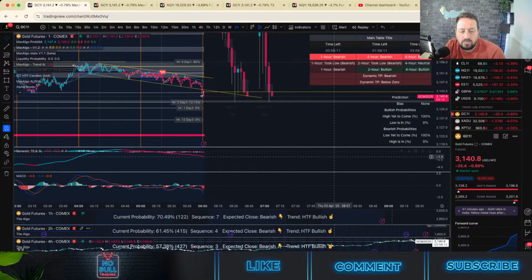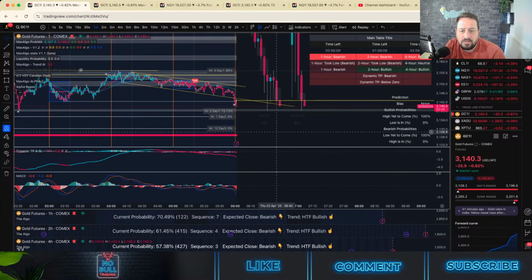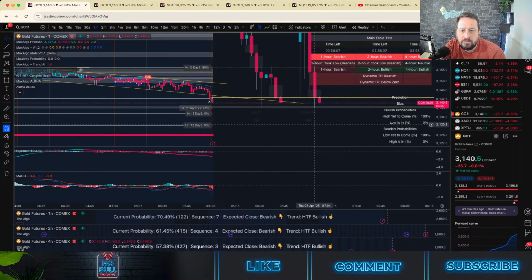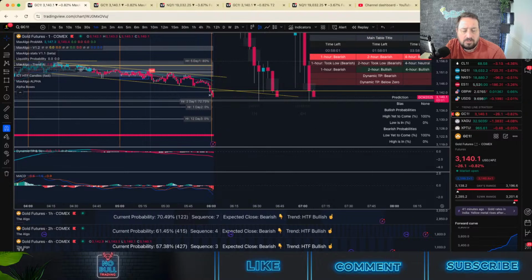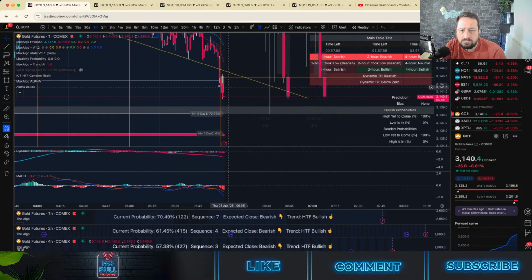So right now on gold, we're going to continue that bearish focus. We've broken out of that trend that we were in the last 4 hour. New 4 hour candle, broken out. More bearish. Here's our new box. We are below, everything is bearish.